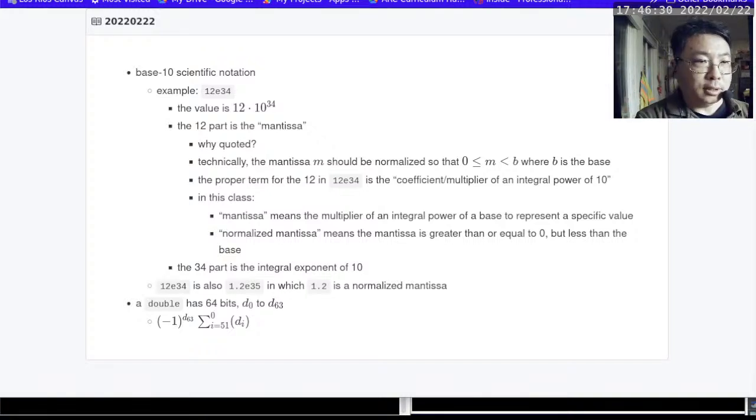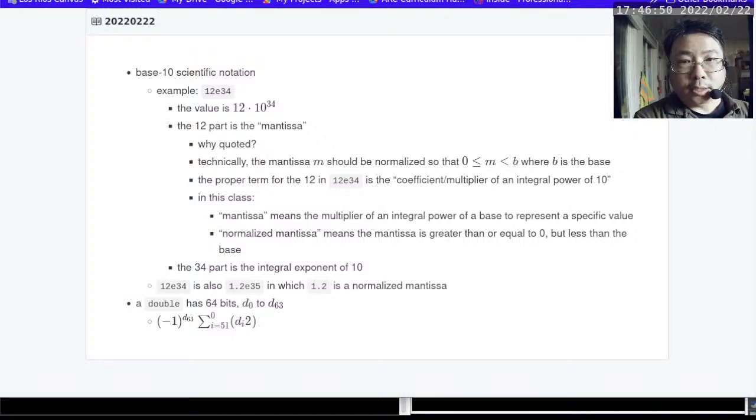In this case, the most significant bit, which is bit 51, is actually multiplied by 2 to the power of -1. So when we specify which power of 2 we're multiplying it by, we have to specify a little bit more carefully.